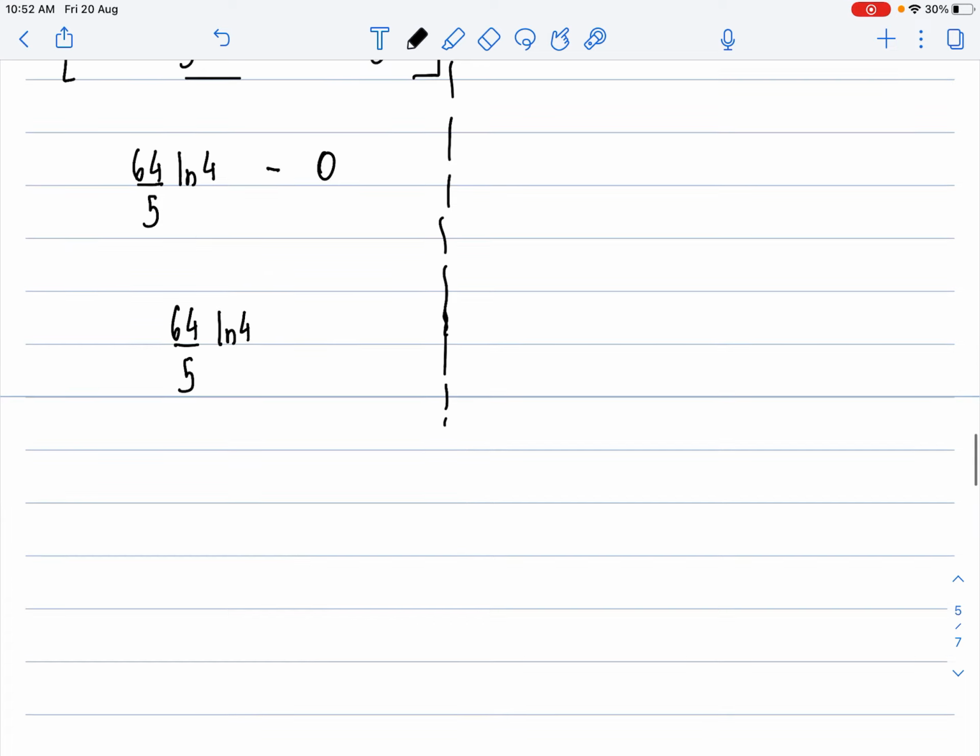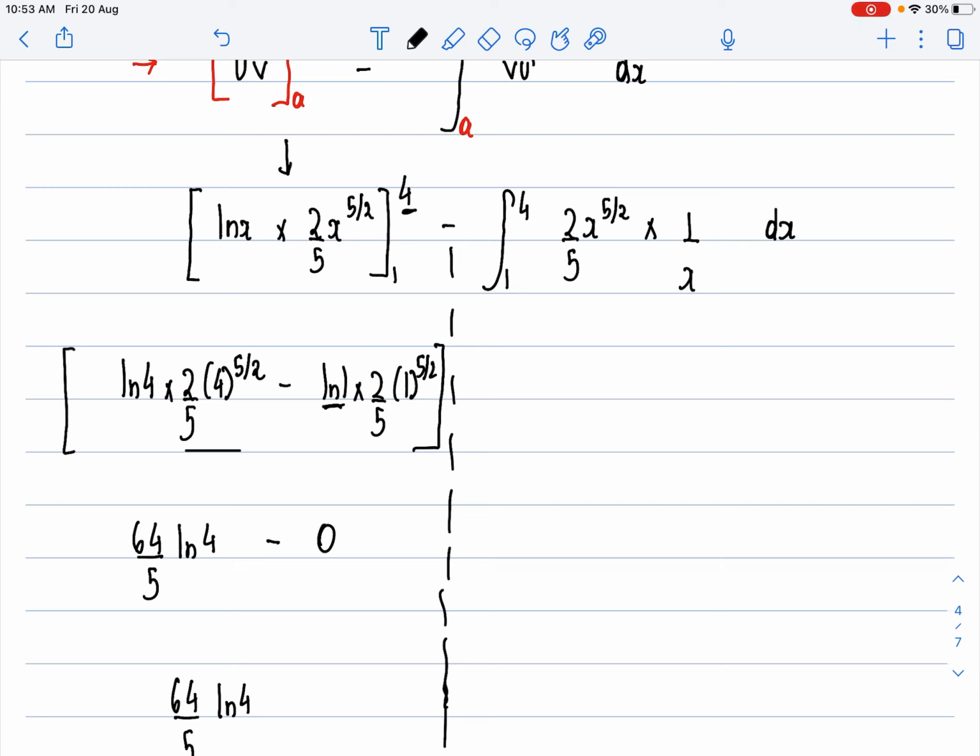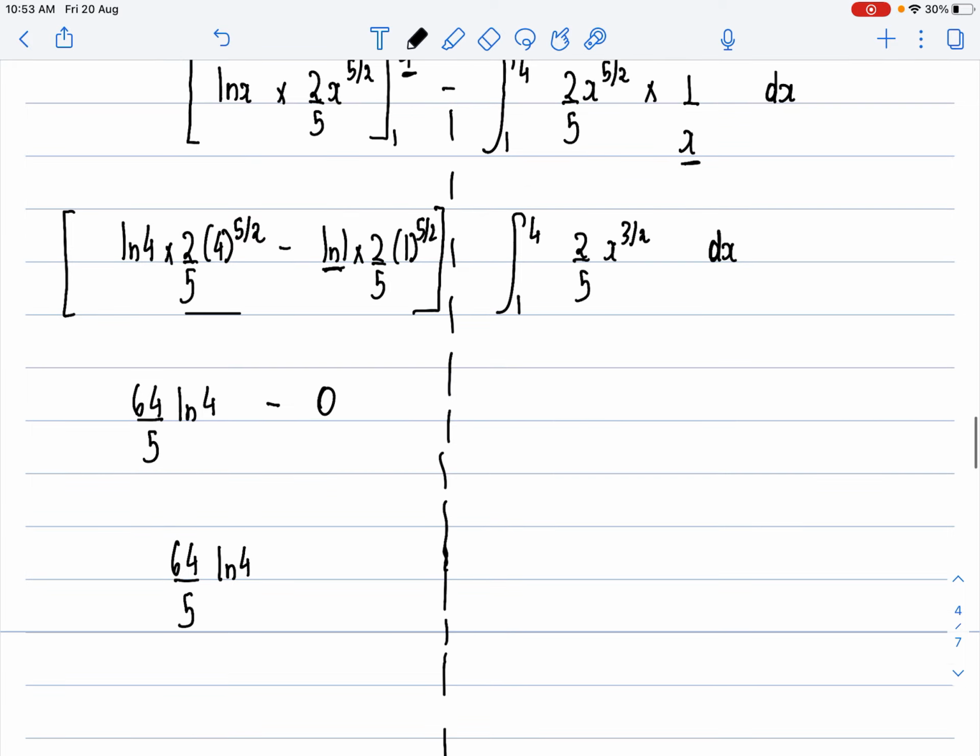Now I focus on this. Here I can write this as the integration from 1 to 4 of 2 over 5 x raised to 3 by 2, because you have an x, so when it's divided from 5 by 2 it becomes 3 by 2 dx. Now I can write this as 2 over 5 with the integration from 1 to 4 of x raised to 3 by 2 dx.